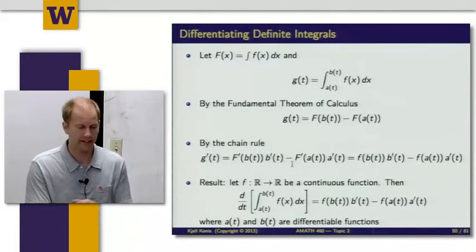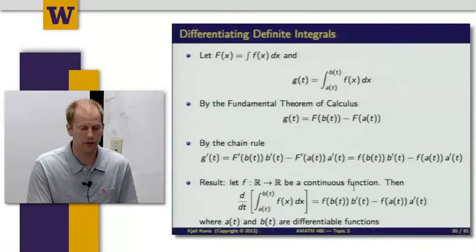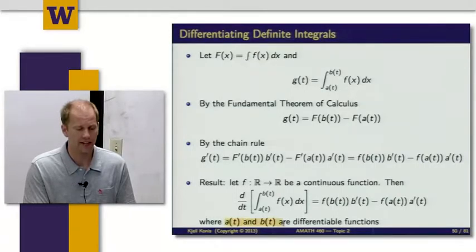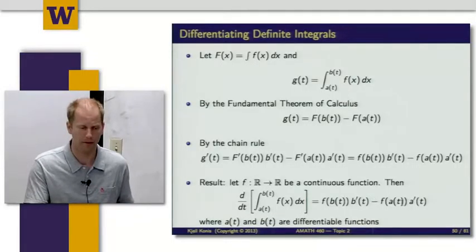Just to state it with all of its actual conditions, this is the statement from the course textbook. f has to be a continuous function, and a of t and b of t have to be differentiable functions. Then the derivative with respect to t of the integral from a of t to b of t of f of x dx is f of b of t times b prime of t minus f of a of t times a prime of t.